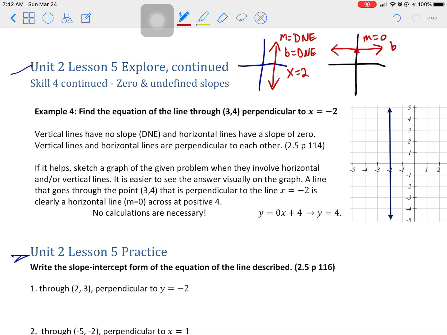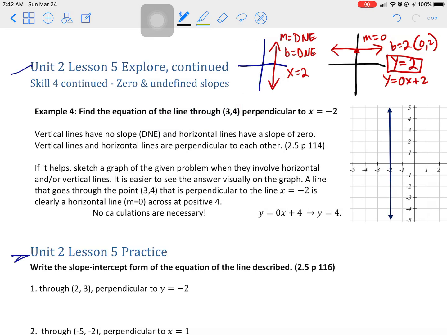B, let's go with B is, in this case, 2, which is a 0, 2. All right, and then since it goes across, its equation is y equals 2. Because its slope is 0, you won't see the x, okay? So those are the two weird ones. We haven't practiced those in a while.